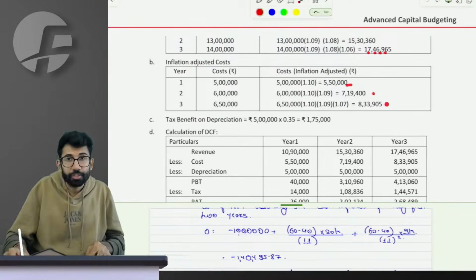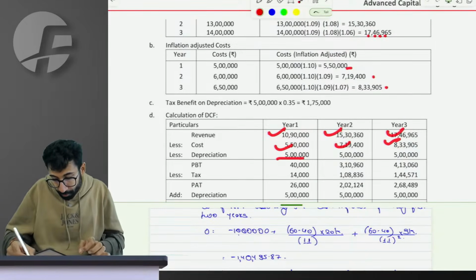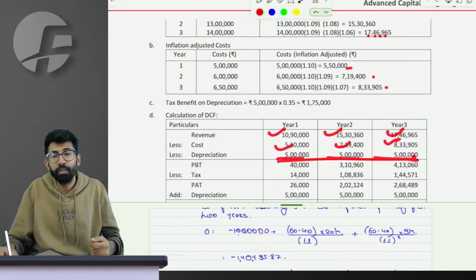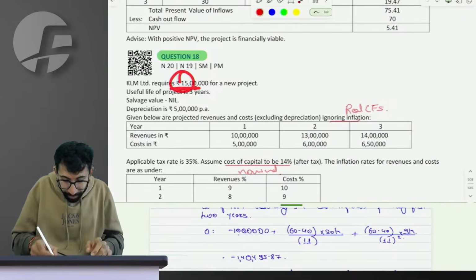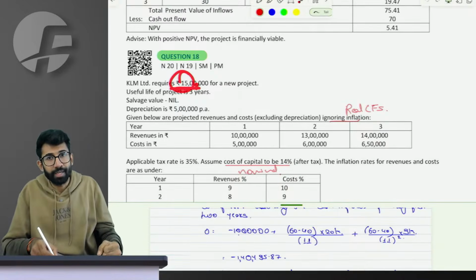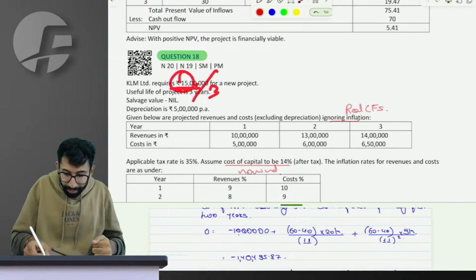Similarly, inflate the cost. So you have revenue nominal, cost nominal, minus depreciation nominal. Sir, how do you know that depreciation is nominal? Really interesting. Do you agree if I spend 15 lakhs today? Think accounting. You debit your cost for 15 lakhs. What is the amount for which you credit it every year? Sir, 15 lakhs divided by 3.